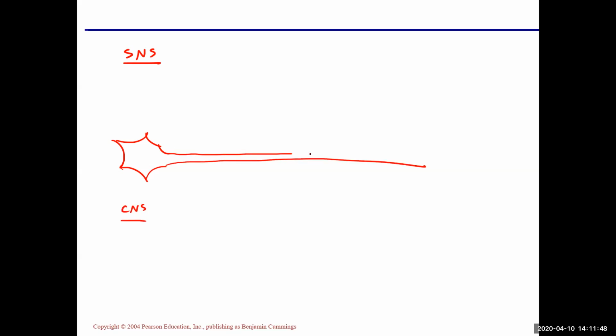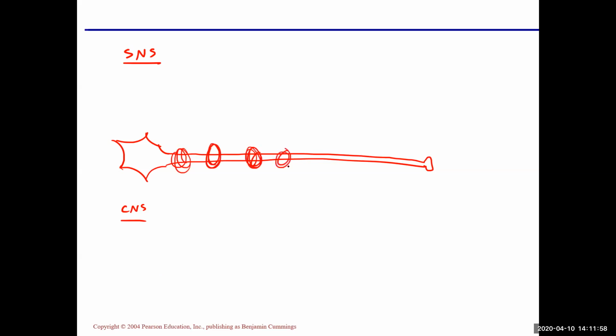All right. So this is in the somatic nervous system. You have the cell body, and usually the cell body happens to be in the central nervous system, in the brain and the spinal cord, and you have the long axons. These axons, as we mentioned, have a lot of myelin sheaths around them.